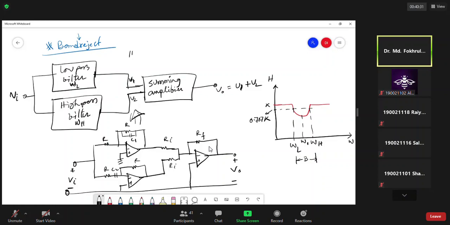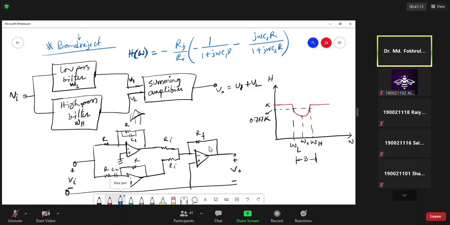H omega equals minus RF by RI times the addition of the inputs: 1 over 1 plus j omega C1 R, with R only, minus j omega C2 R divided by 1 plus j omega C2 R. So this will be the transfer function of the first order band reject filter.